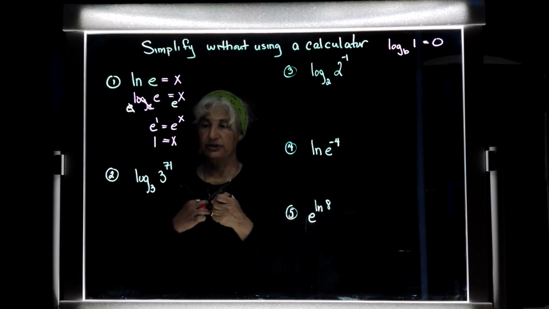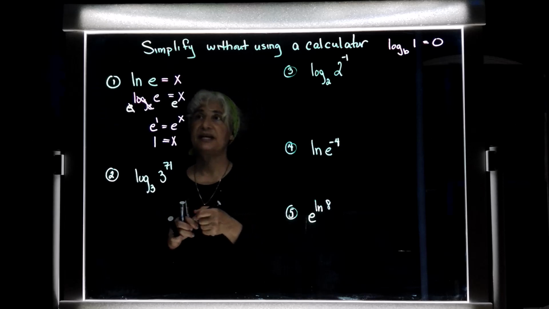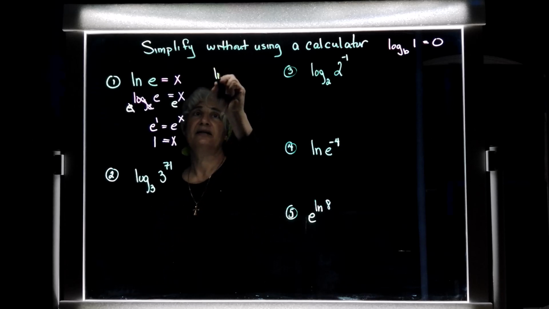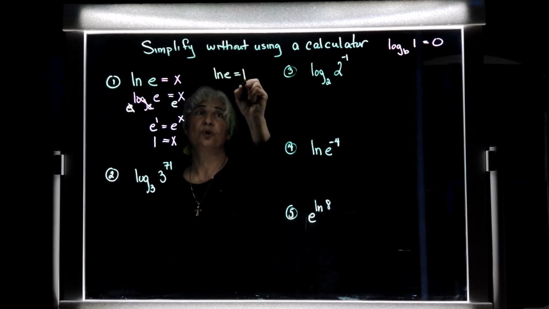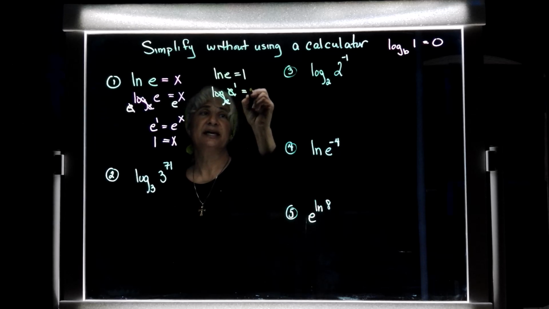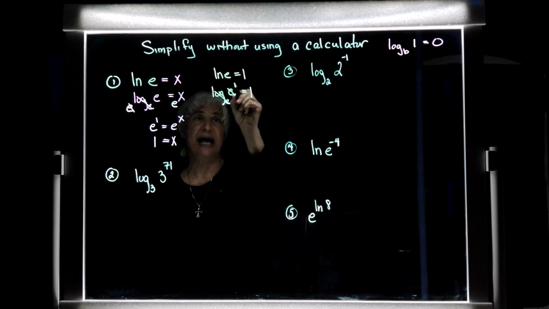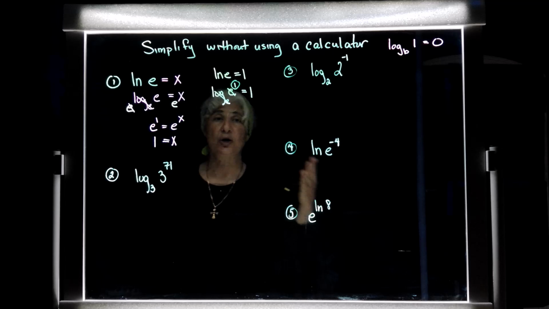So here's basically what you're saying. What you're saying is ln of e is equal to 1. What you're saying is log base e of exponential base e to the power of 1, the log base e and the exponential base e cancels out, and it leaves me just the power, in this case, a 1.